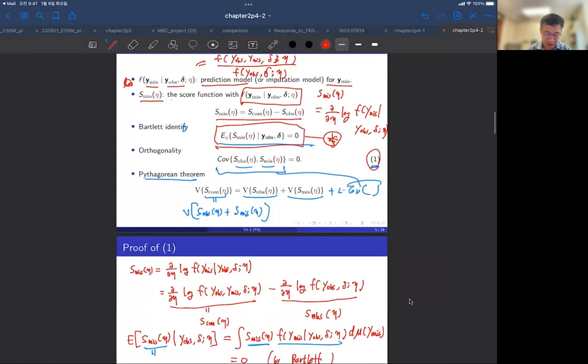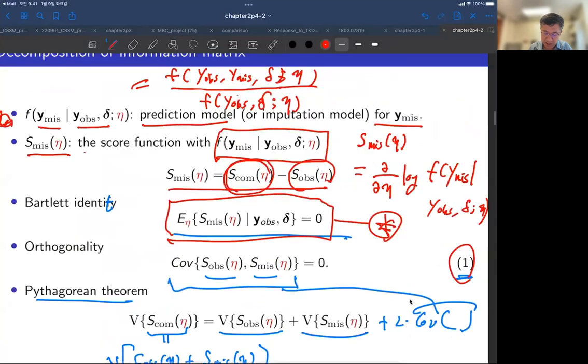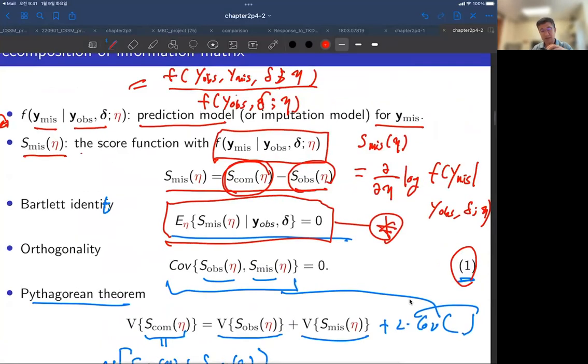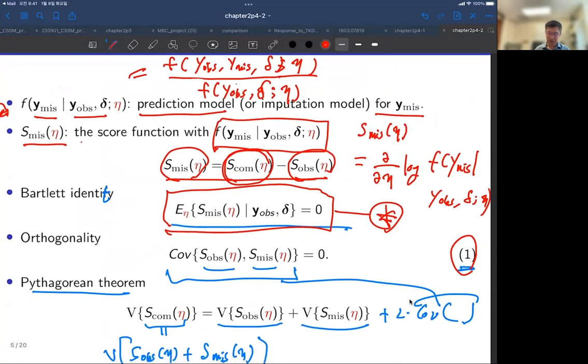So basically, see, this is the original score function, and S obvious is a kind of projection, and this is more like a residual. So you can obtain some kind of ANOVA decomposition, because this is a sum of these.